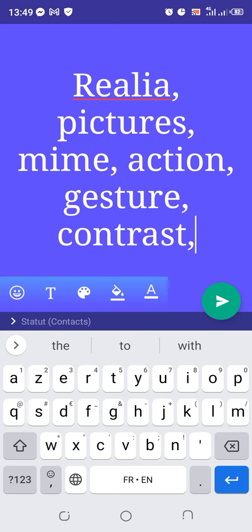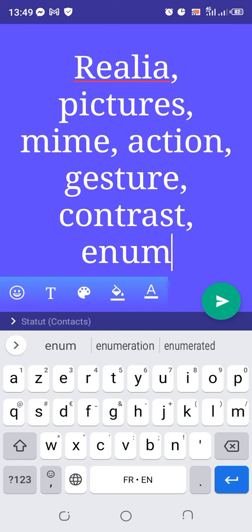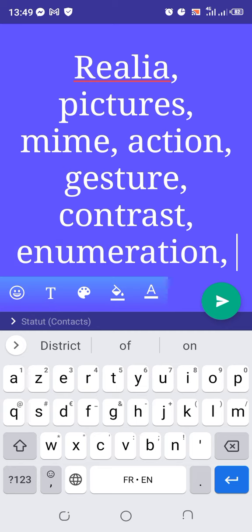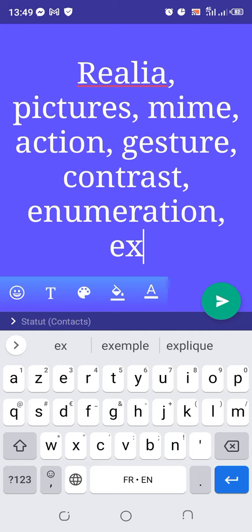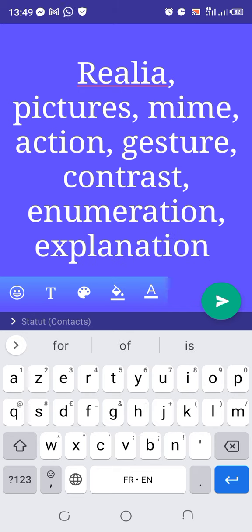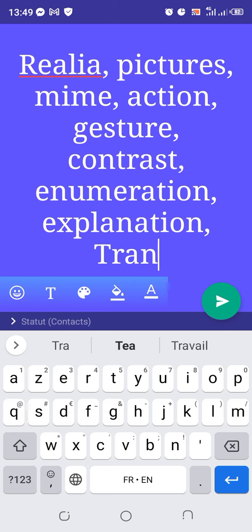After that we've got enumeration, and then we've also got explanation. After explanation, we've got translation.